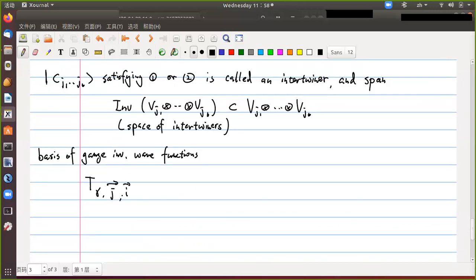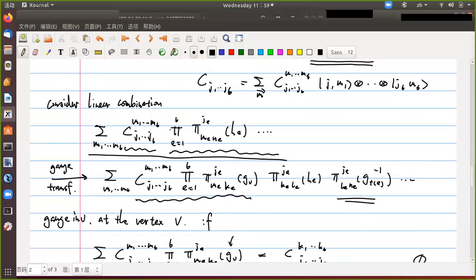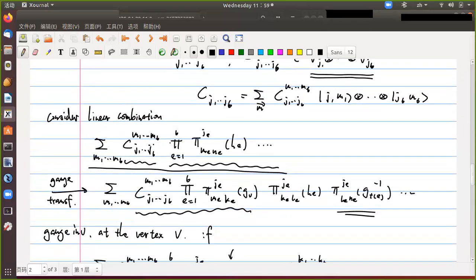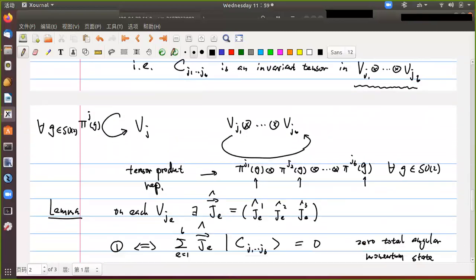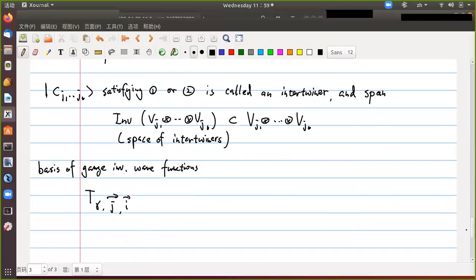Before it was labeled by J, M, and N, but now I don't have M and N anymore, because the magnetic quantum numbers M and N are contracted by the invariant tensor C. Again, it depends on all holonomies. This is defined by first making a product of all the edges, pi J_e of h_e.